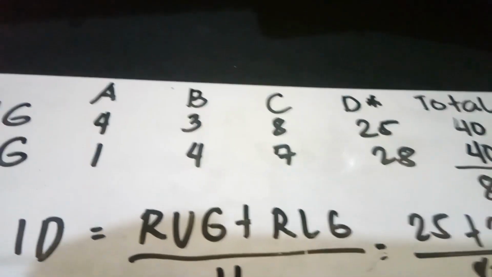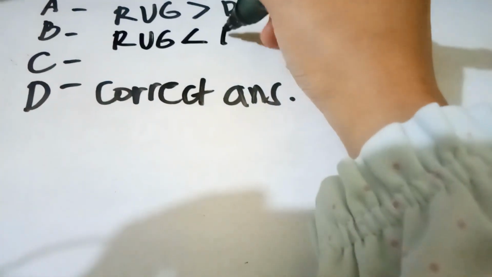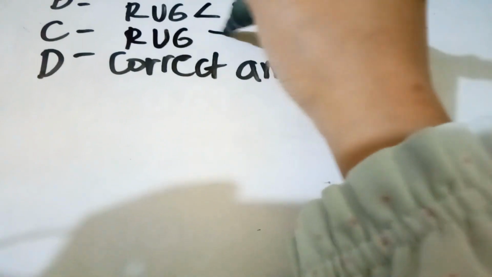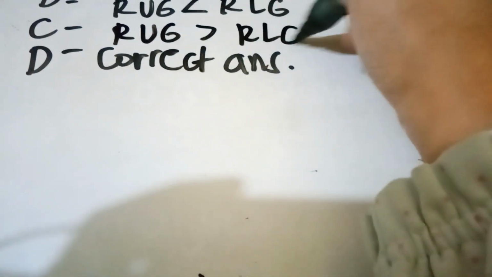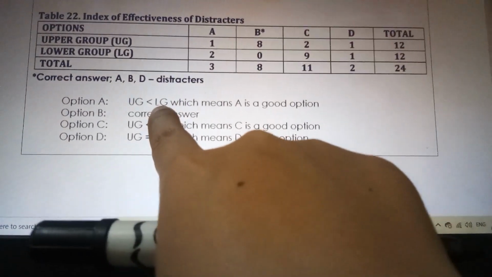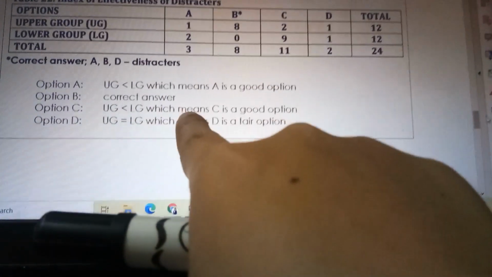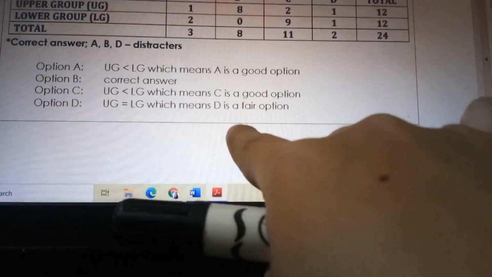Look at this. We have RUG is less than RLG, and we have RUG is greater than RLG. Let's base it from there. If the lower group who made mistakes is higher, it is good. If lower, it will be poor.